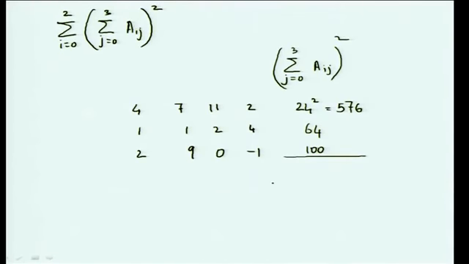What I have tallied on the right hand side is, for each row, you sum the numbers, take that sum and square it, and then finally in order to compute what we want, which is i equal to 0 to 2 of summation j equal to 0 to 3 of aij, squared, all we need to do is to sum these numbers up, and this turns out to be 740.